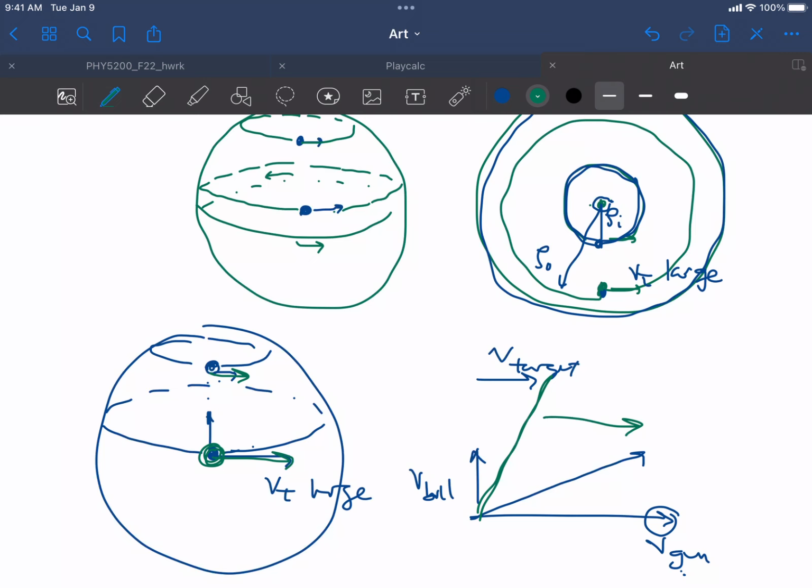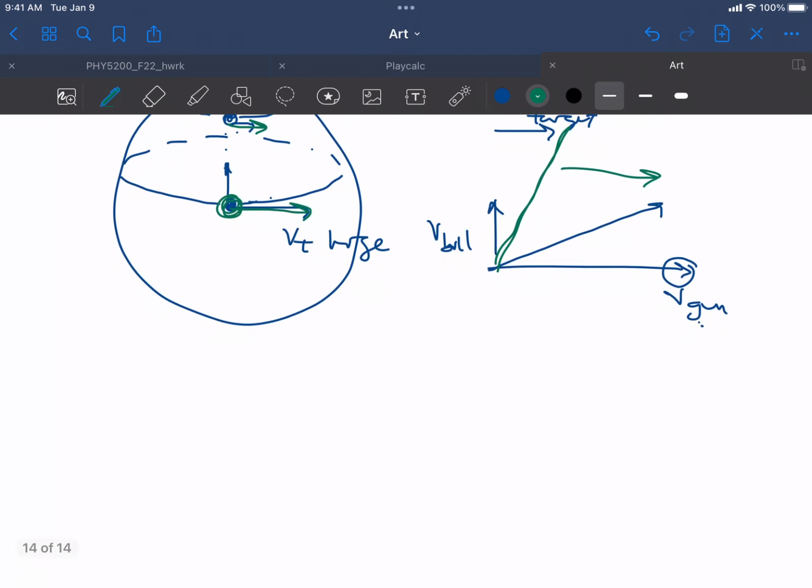But the shape of the Earth is such that the target location north of me was rotating eastward more slowly than where I fired it. And the bullet has the initial eastward velocity of the Earth at the location where I fired it. So that's why if I fired it north, the bullet appears eastward of my target.